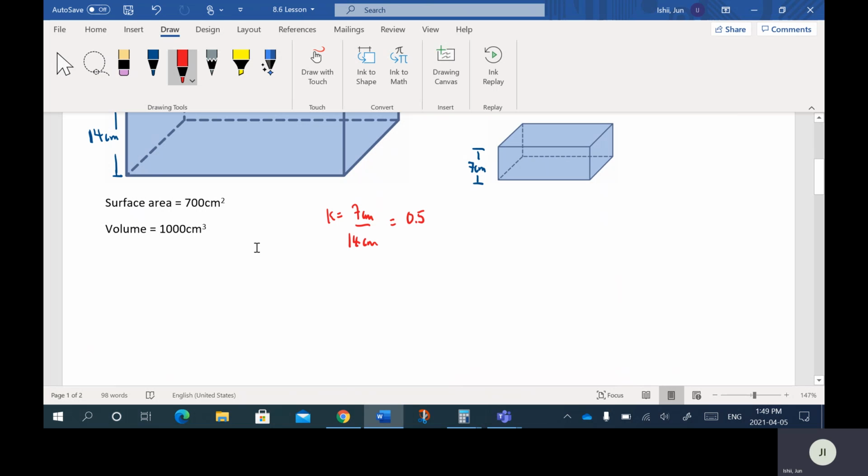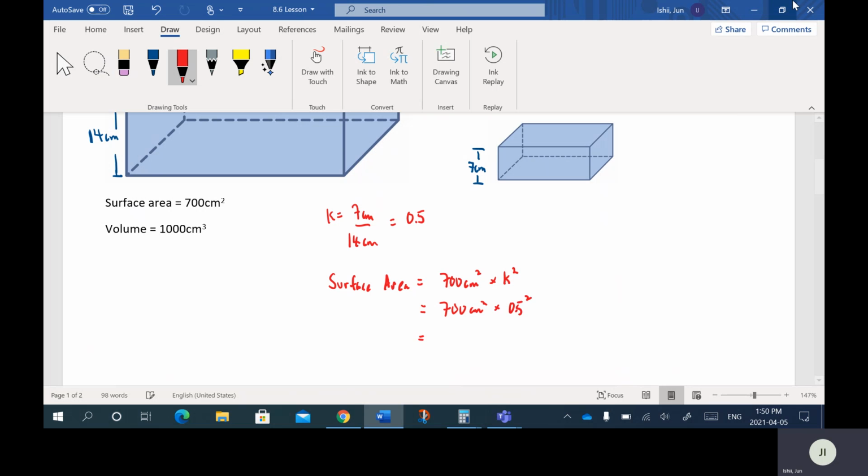Now we can find the surface area. For the surface area of the smaller box, we take the 700 centimeters squared, which is the surface area of the larger box, and multiply it by k squared. So it's 700 centimeters squared times 0.5 squared.